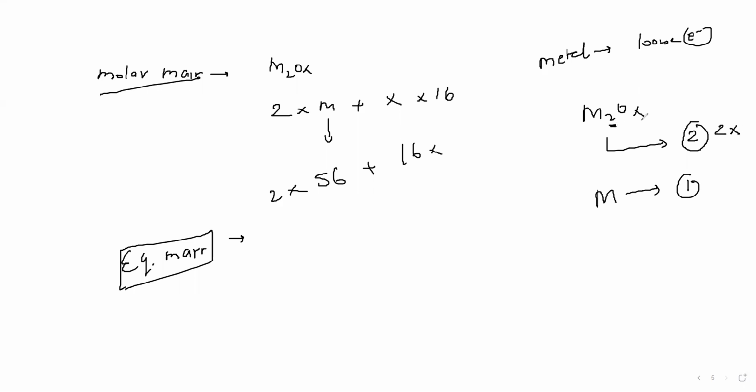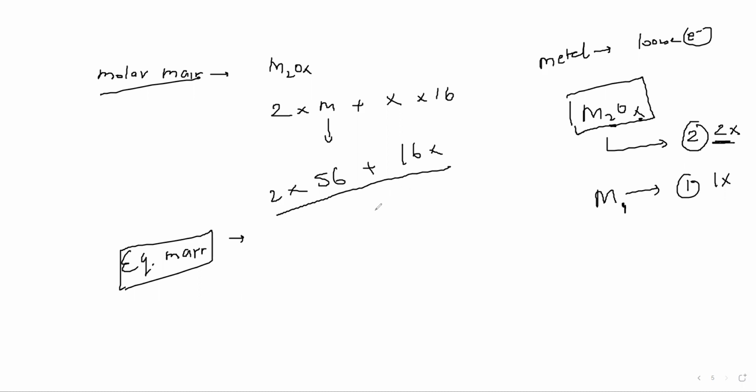You have to just do 2 into x. And how many metal here? Only 1 is there. So 1 into x. This is called equivalent weight. I will introduce this topic later, but right now you should understand whenever you find M2OX, when you find the equivalent weight, you have to divide by 2x.